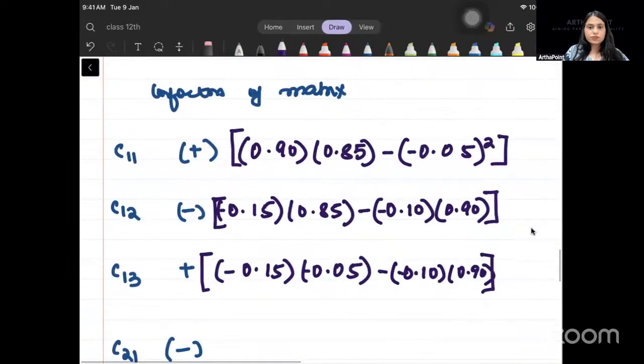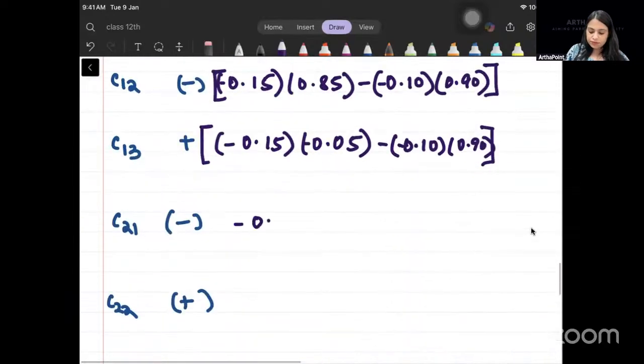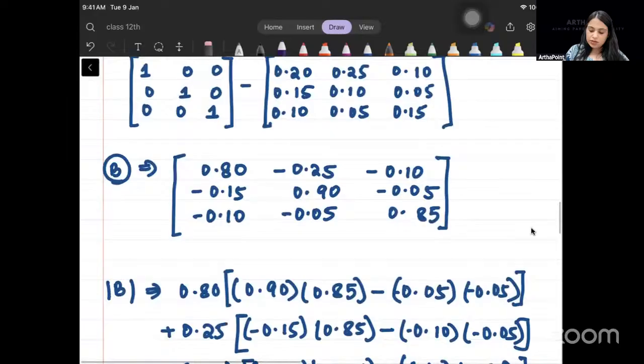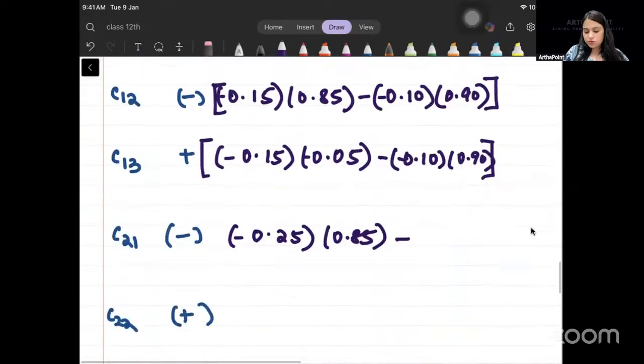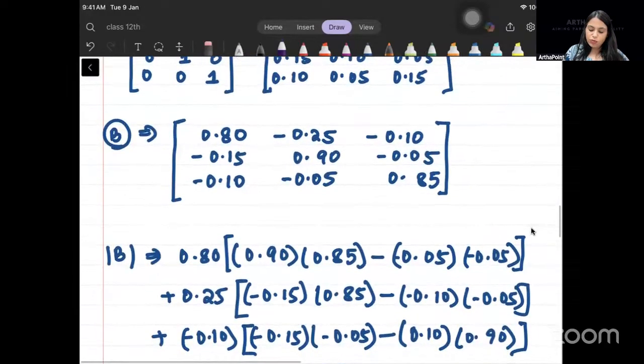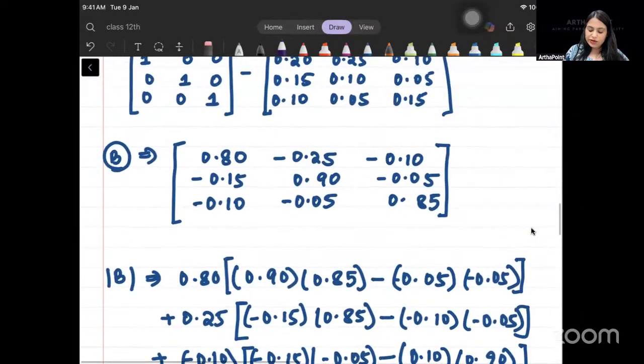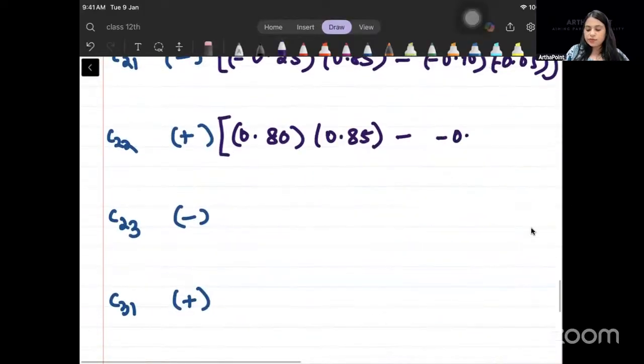Right? Now C21. So second row and first column gone. So 0.25 into 0.85 minus 0.05 into 0.10. Right? Then second row and second column gone. So 0.80 into 0.85 minus 0.10 into 0.10, so whole square.